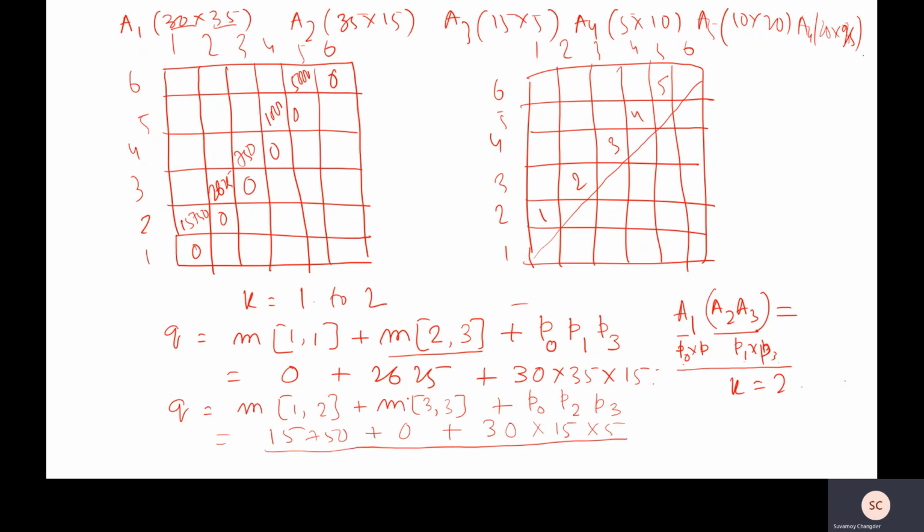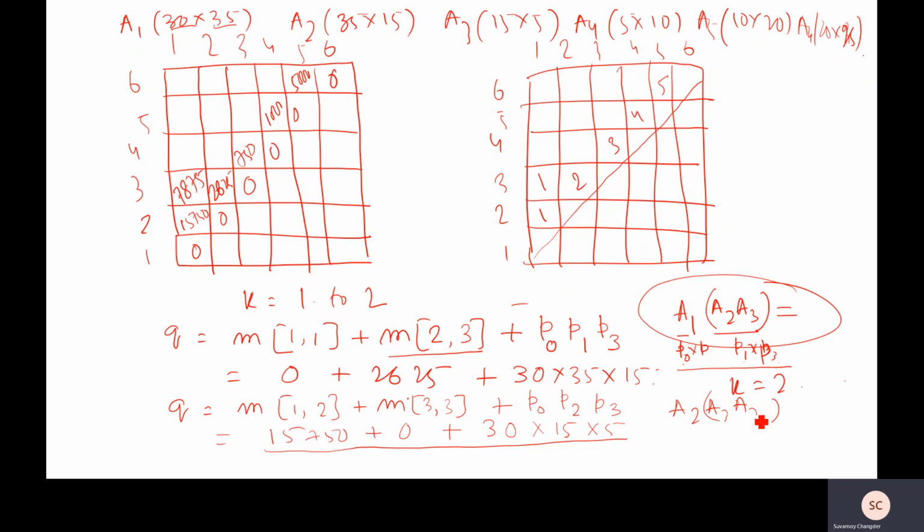So 7875 is the value to multiply, and we are choosing this option. Therefore k is equal to 1. So this value is 1. Similarly, for the next, we can find two options to multiply A2, A3 and A4.